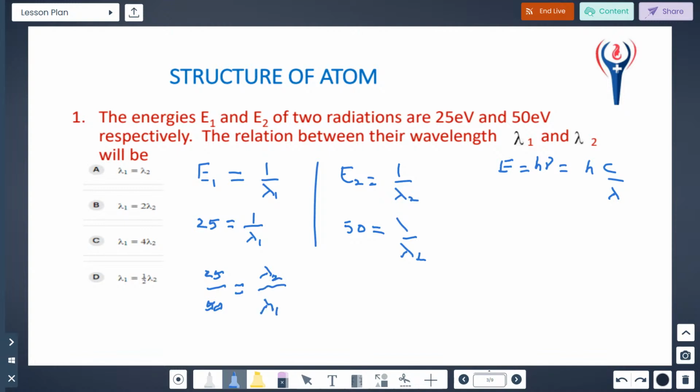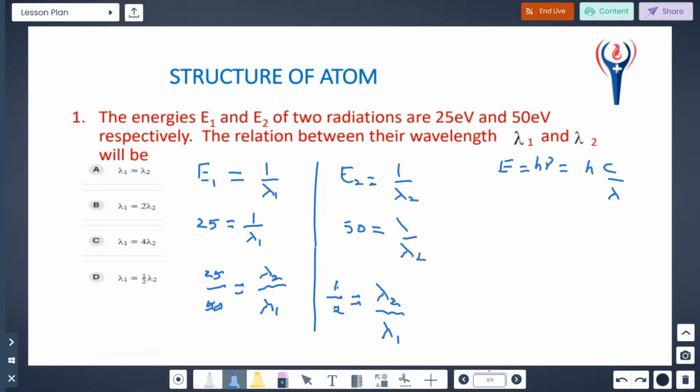So 1 by 2 is equal to lambda 2 by lambda 1. Just cross multiplication.